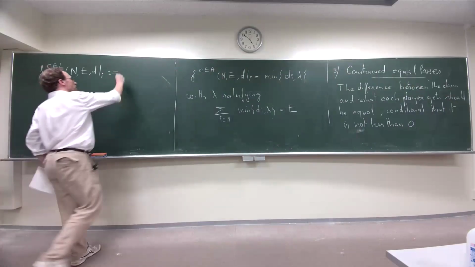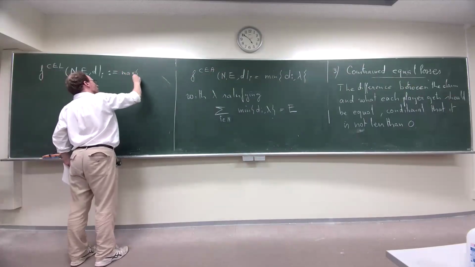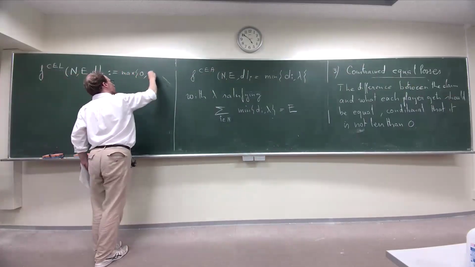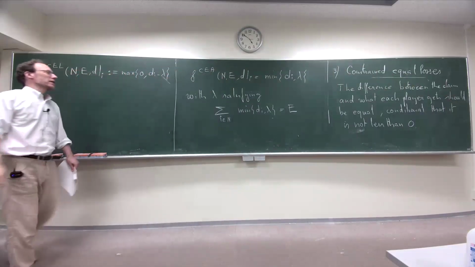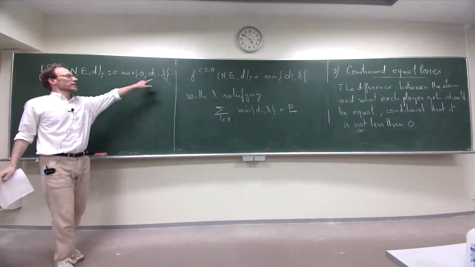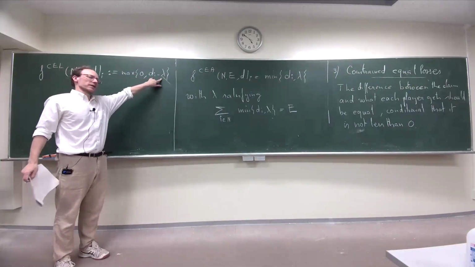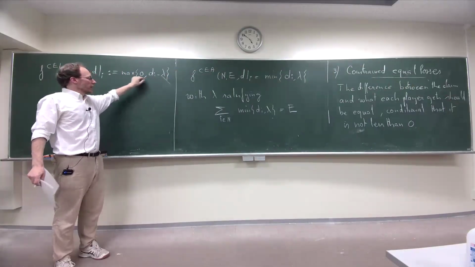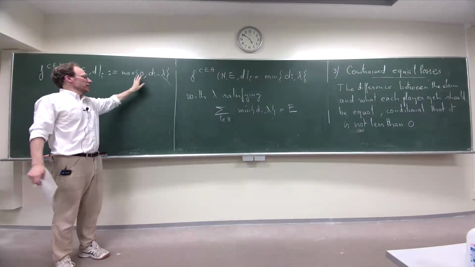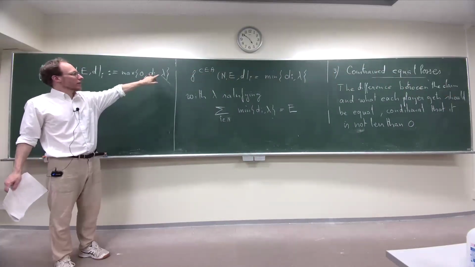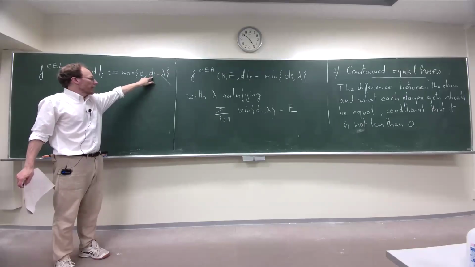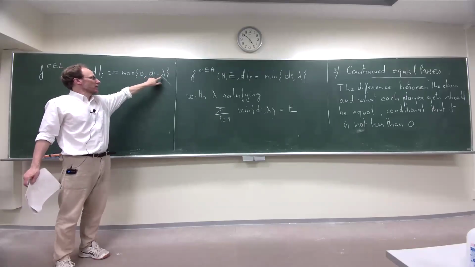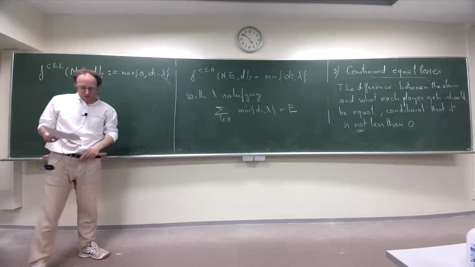is now the maximum between 0 and di minus lambda. And indeed, as long as this number is bigger than 0, it is this number which wins. When it's 0, it is this. When it's negative, it is this one. So you want to have the difference between what each player claims and what they receive be constant.